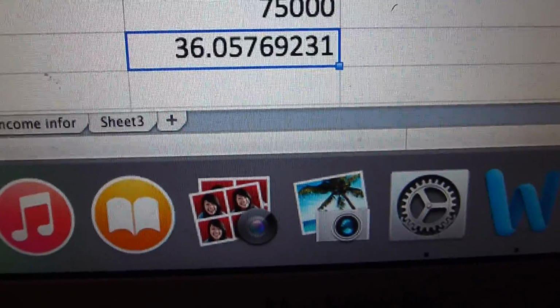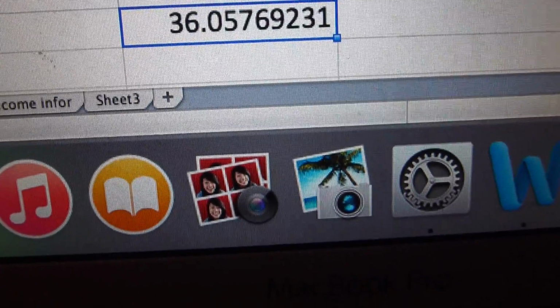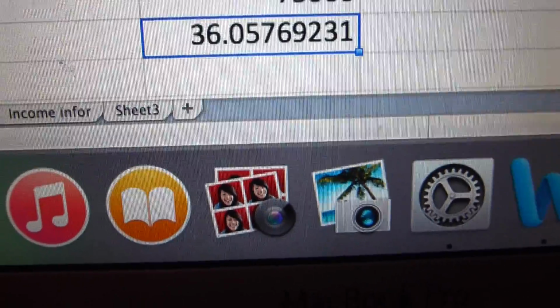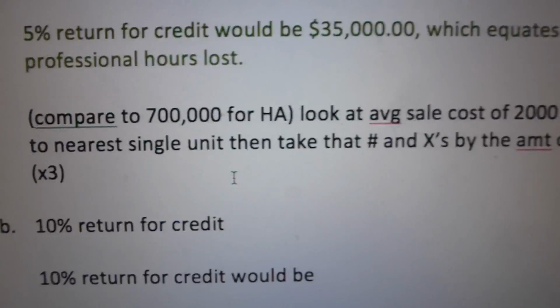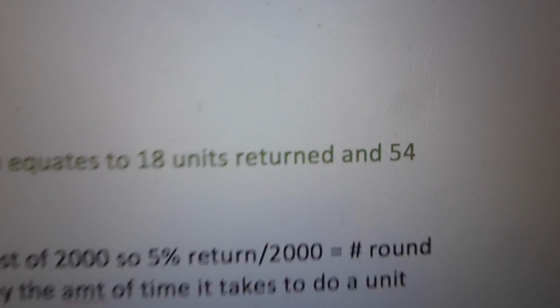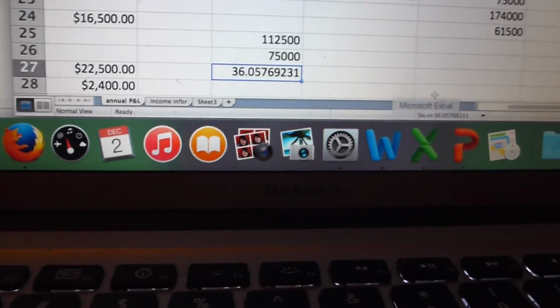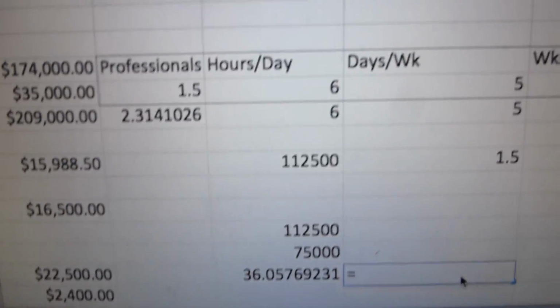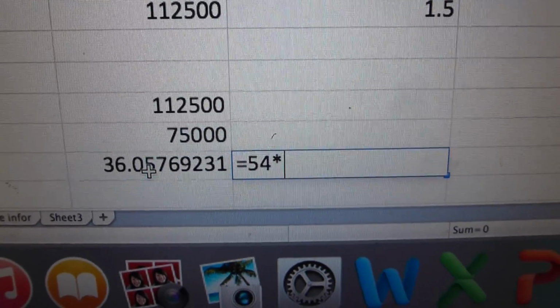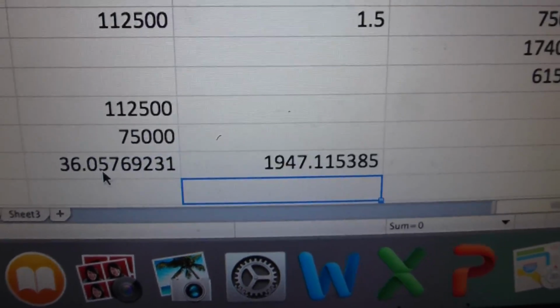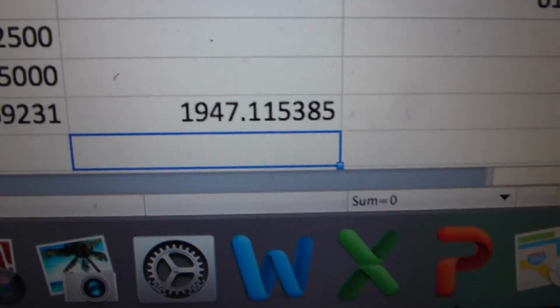In order to calculate your salary loss, we look back at, for a 5% return, how many hours we are losing. We're losing 54 professional hours. So I'm just going to do 54 professional hours times our salary. So I'm going to be losing this amount of money.